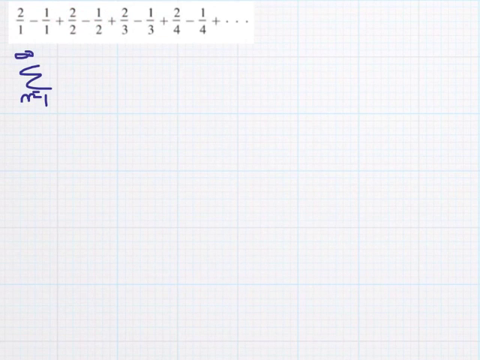So that leads us to write our series as 2 over n minus 1 over n. And then, again, you could see this would be plus 2 over 2 minus 1 over 2, plus 2 over 3 minus 1 over 3. So this series looks to be the correct way to write that.